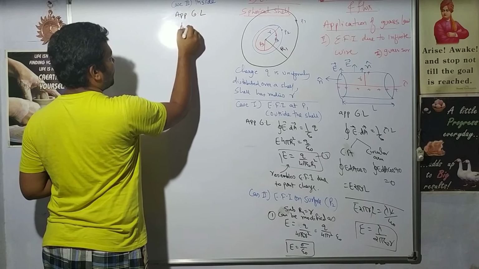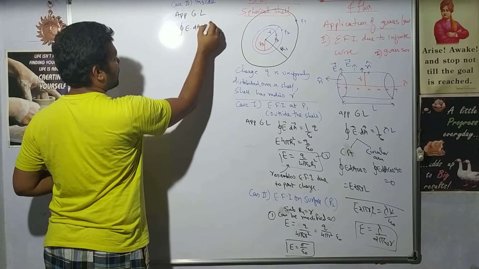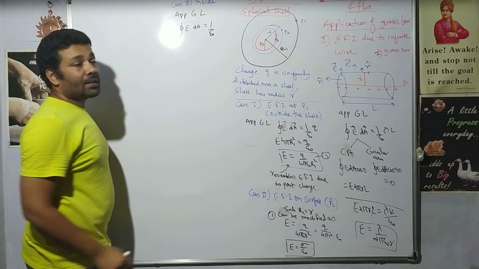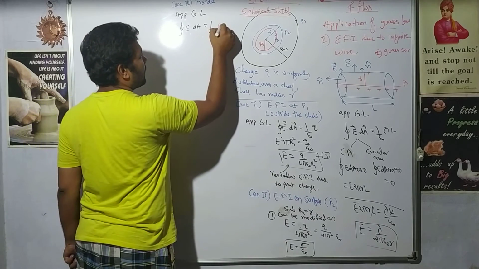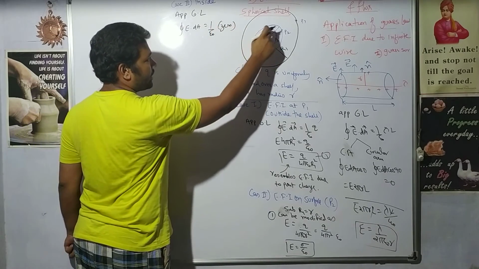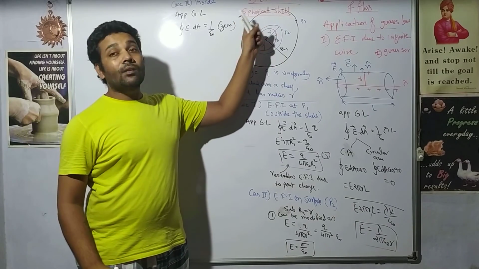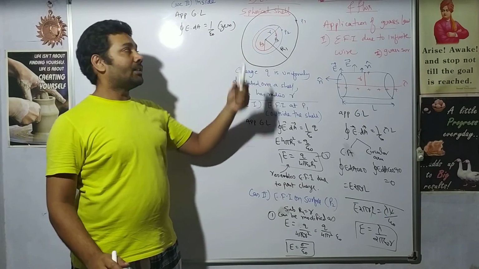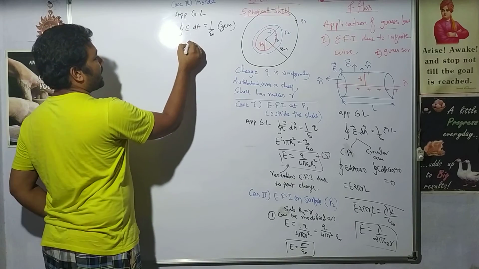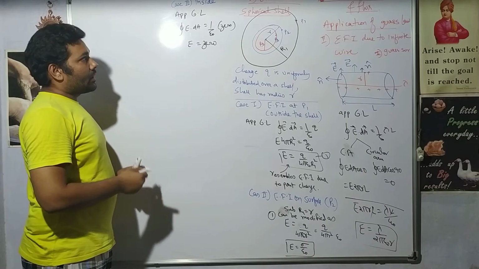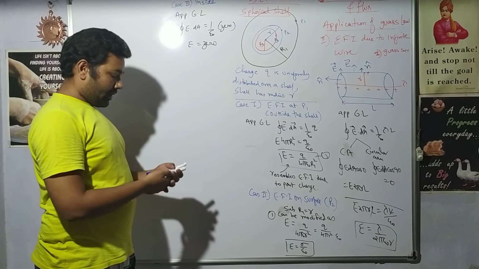What will it be? E dot dA is equal to 1 upon epsilon naught times how much charge is enclosed? How much charge is enclosed by this Gaussian surface? 0. This Gaussian surface is not enclosing any charge. Charge is on the surface. Nothing is there inside. It is hollow. So it is 0. Hence electric field is 0 inside the shell. So that is the electric field intensity due to a spherical shell.